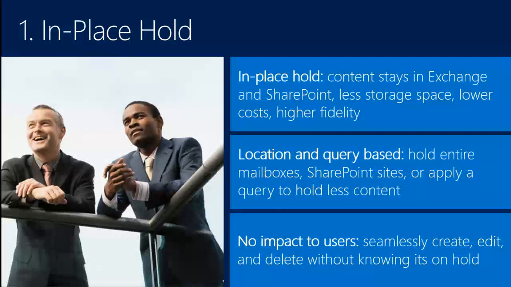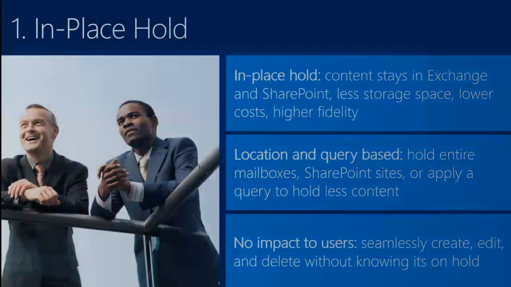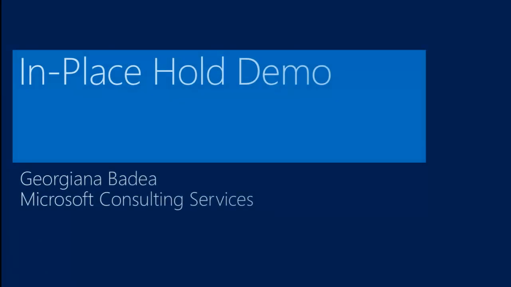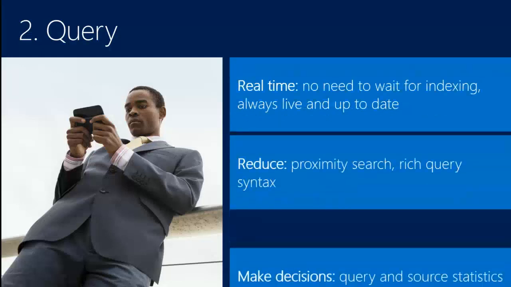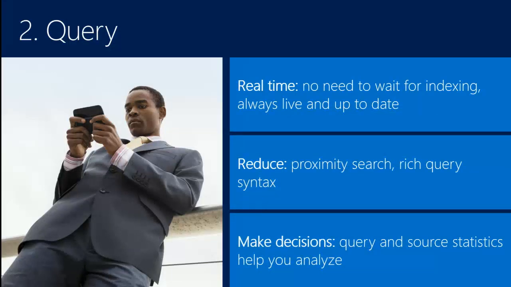All right. So let's talk a little bit about query. So when we want to find and export content, we'll be using queries. And each query contains query filters and sources to be searched.